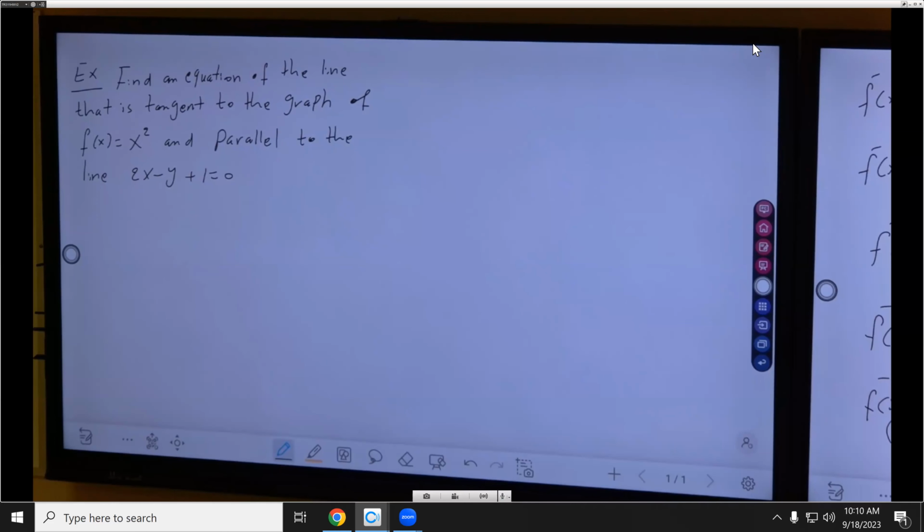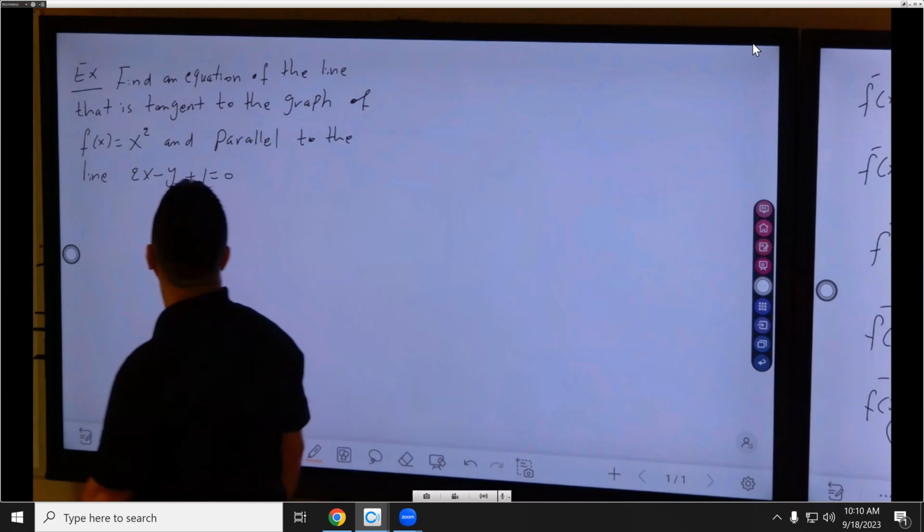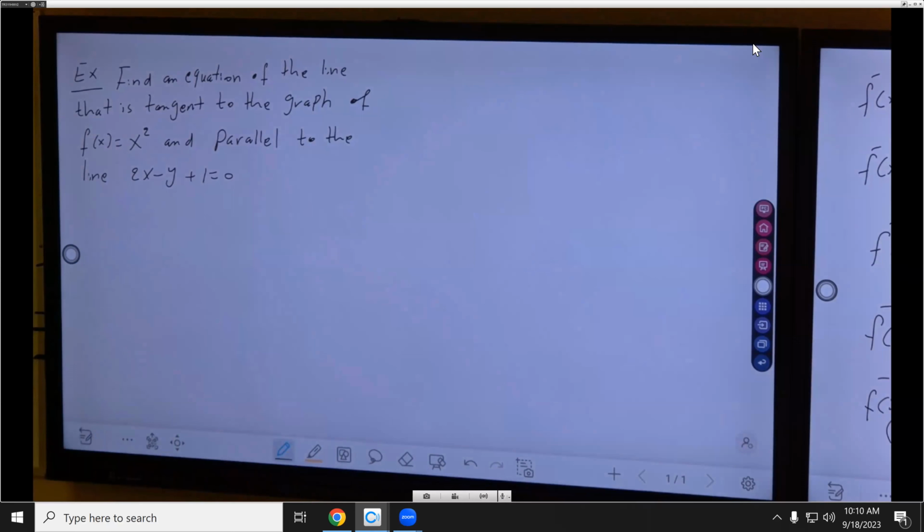What they ask you: find an equation of the line that is tangent to the graph. Here is the graph, and parallel to the line, there is the line. Now we have a graph and we have a line.